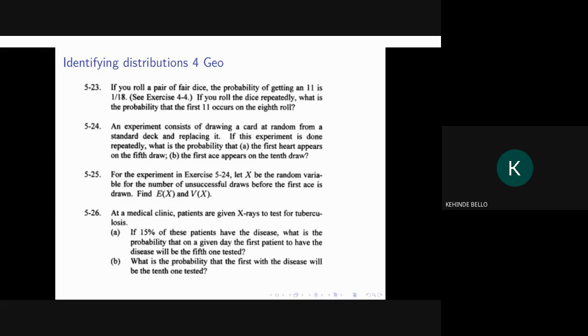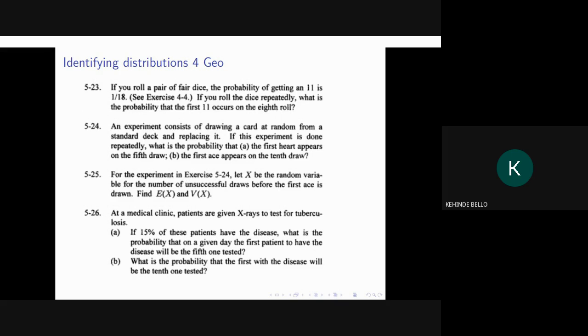So for the first 11, first of all, getting an 11 is the event, so that is the success. Probability is 1 over 18. If I want to get that success on the eighth roll, I must have first done 7 successive rolls that did not result in the 11, and it is the last one that resulted in the 11.